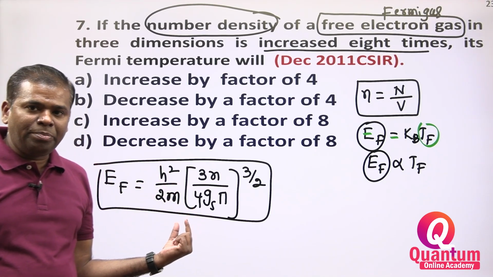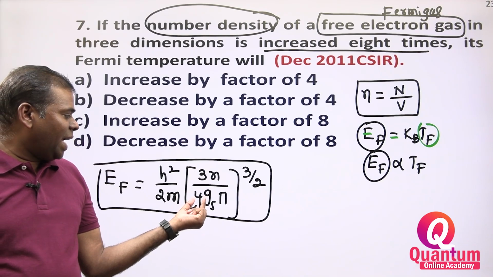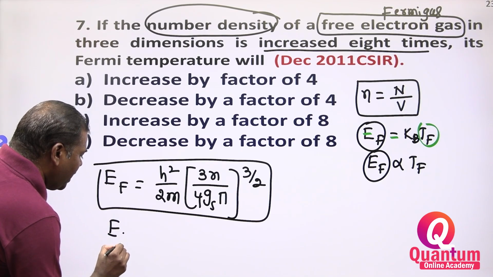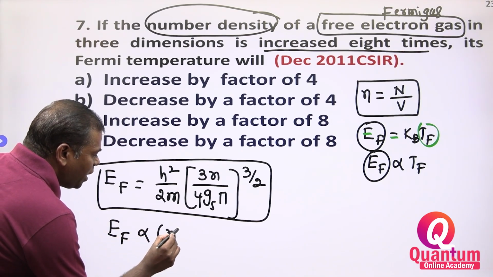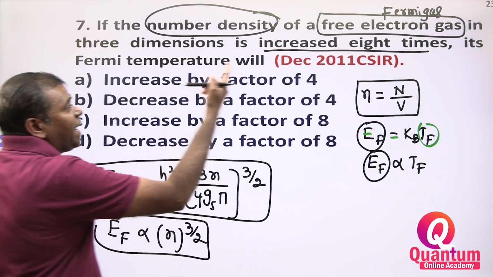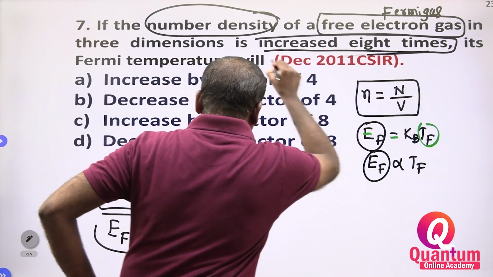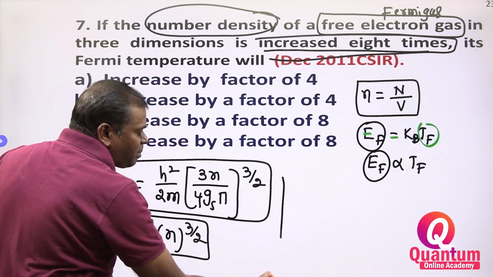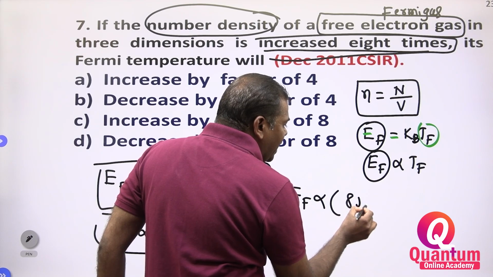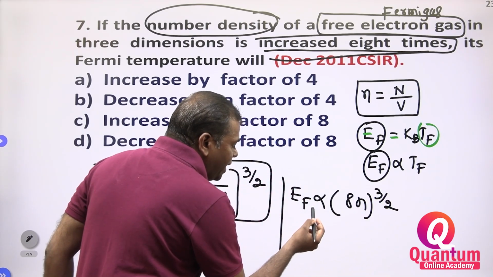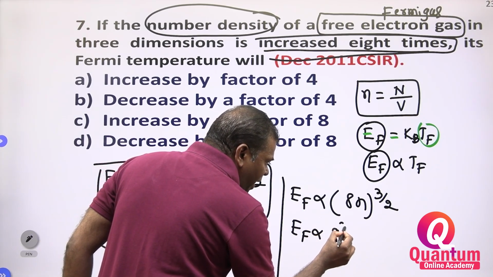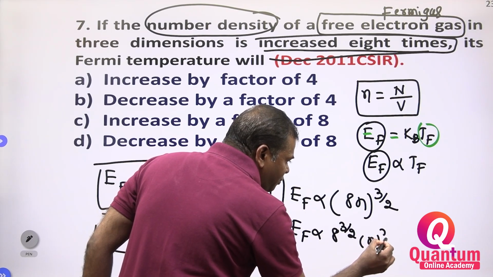Therefore EF is directly proportional to n to the power of some exponent. But our n is increased 8 times, so EF is directly proportional to (8n) to that power, which means 8 to that power into n to that power.